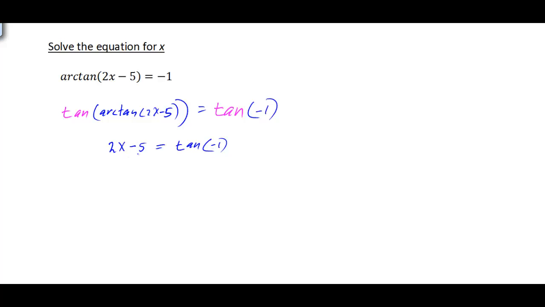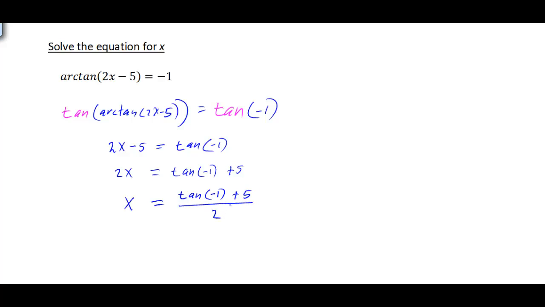And then we need to get rid of the 5, so we would have 2x is equal to tangent of negative 1 plus 5. And then we can divide by 2, so x is equal to the tangent of negative 1 plus 5 divided by 2. And that's our answer.